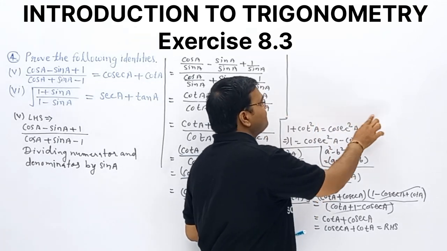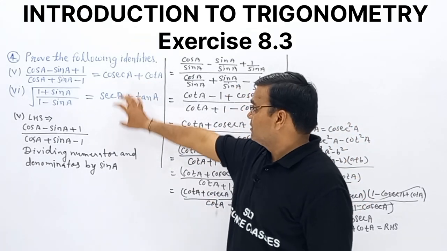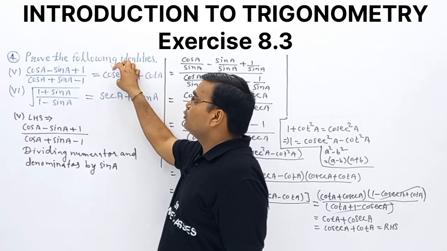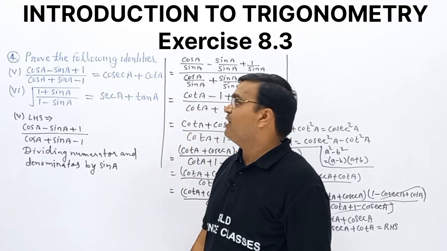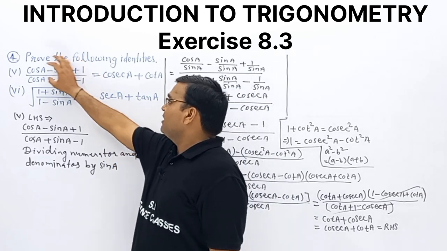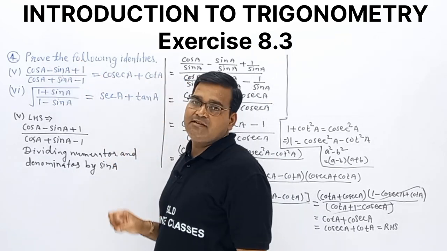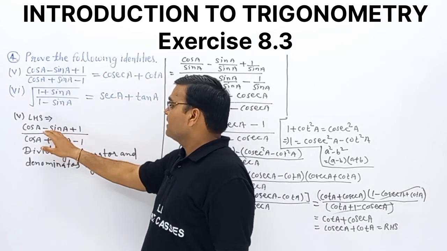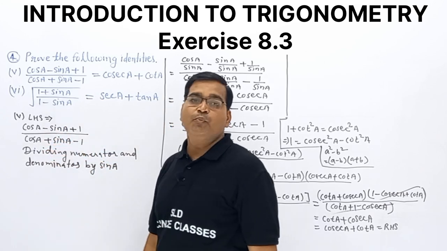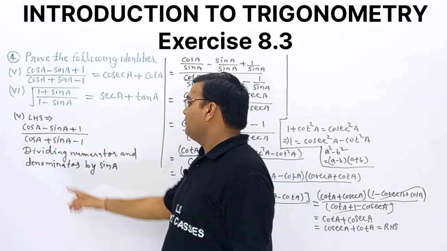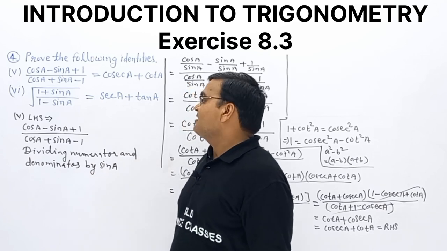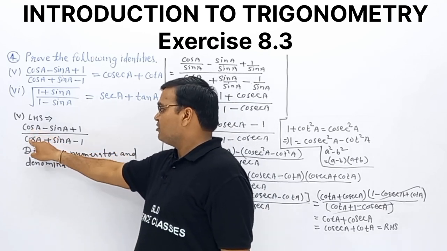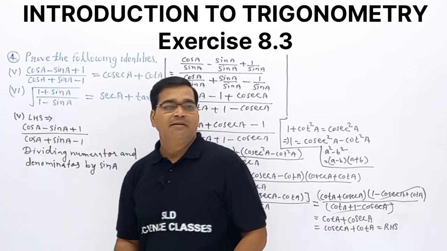Observe first, we want to prove this relation. One trigonometric relation we are having. This is the left hand side and this will be the right hand side. I am taking the left hand side and dividing numerator and denominator by sin A. Then each term will be divided. Clear?